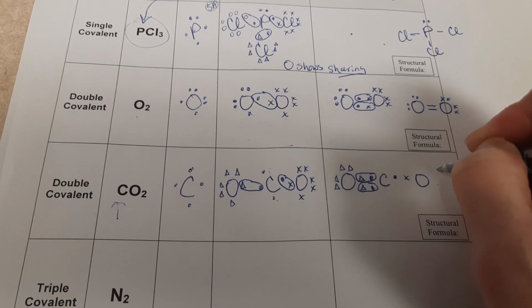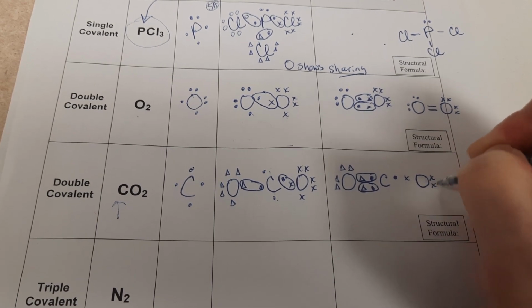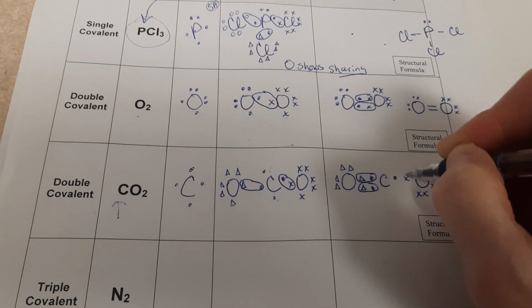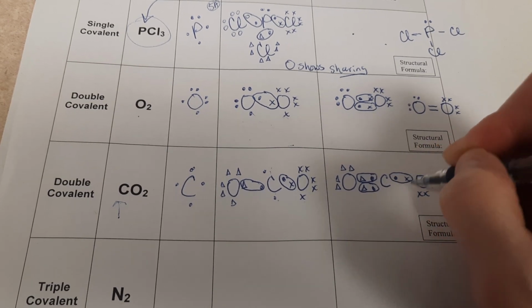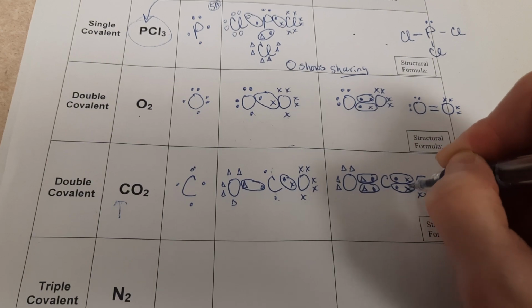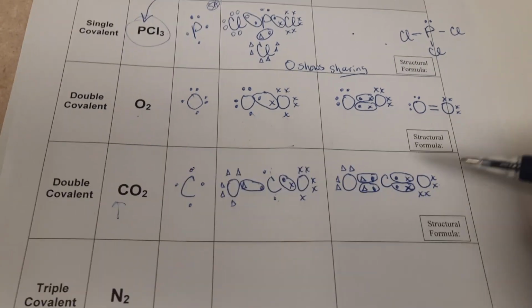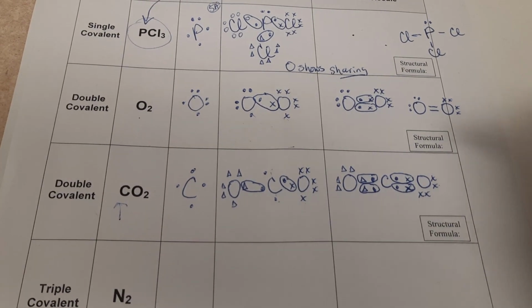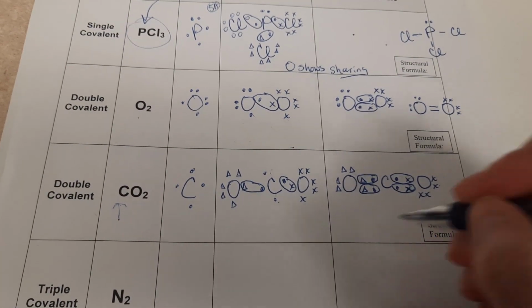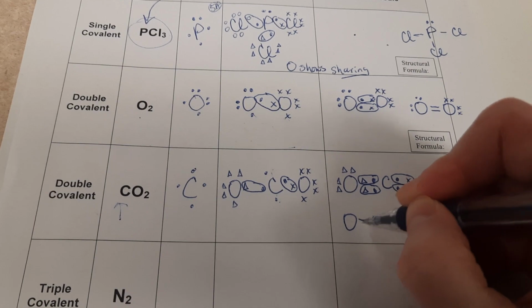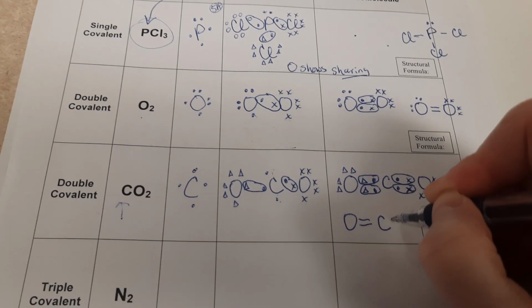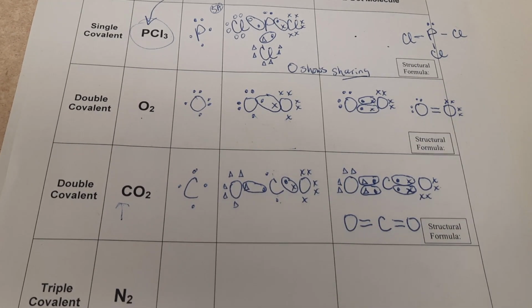And for this oxygen, we could say it's above one, move down. But it doesn't really matter where it moved from. They do have to move in between the two letters. And so my structural formula then would be oxygen, 2 bonds, carbon, 2 bonds, the other oxygen.